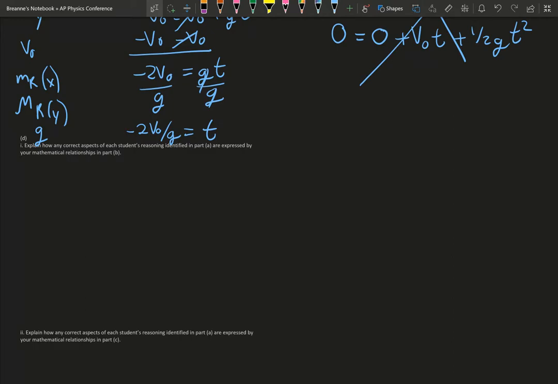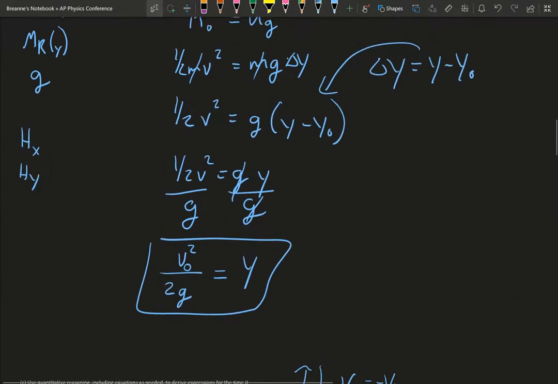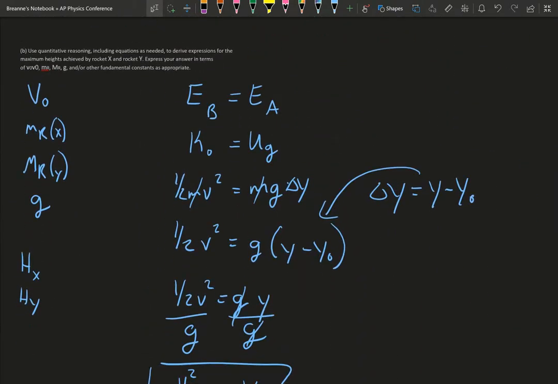So, of course, our energy part proved that the heights are going to end up being the same.